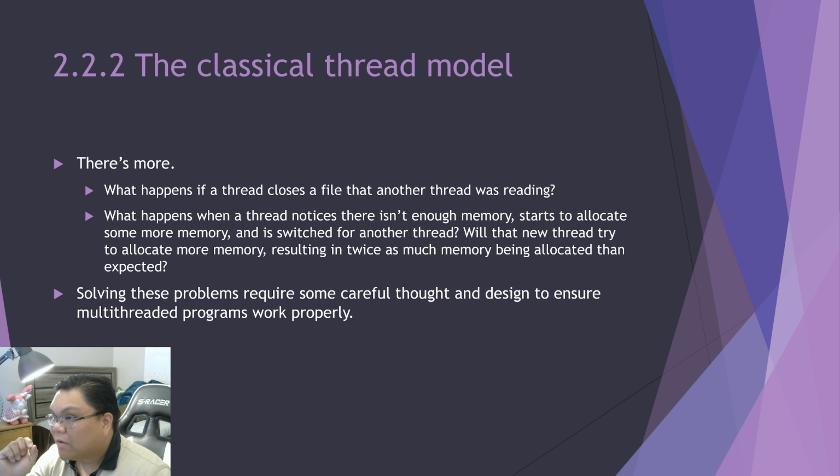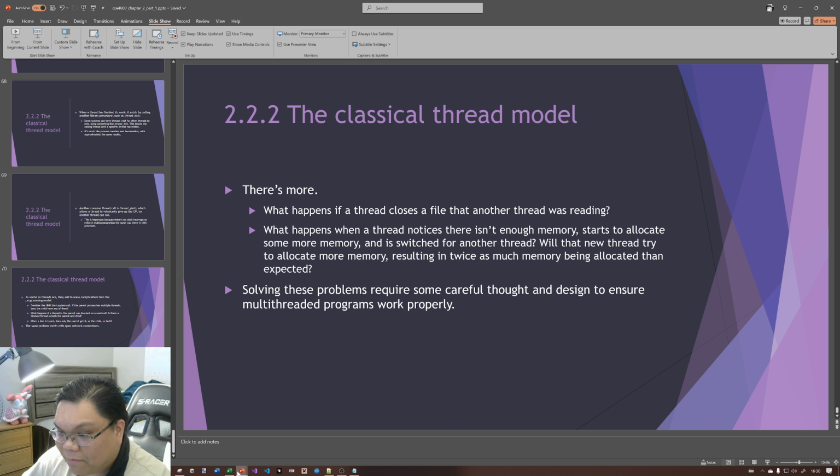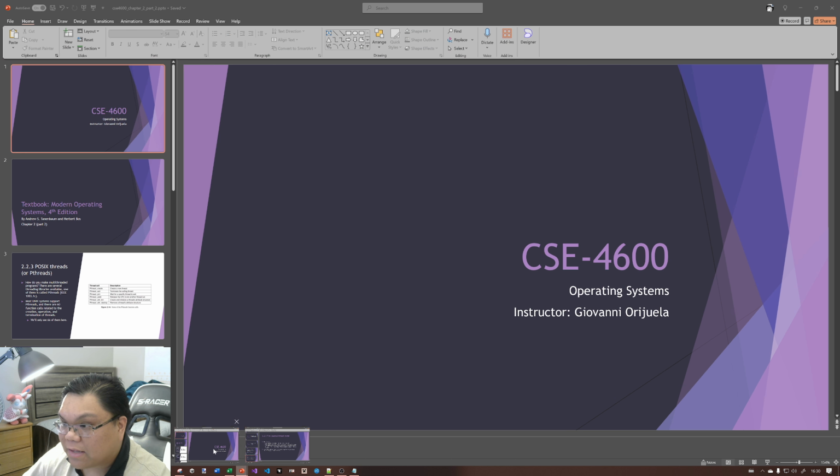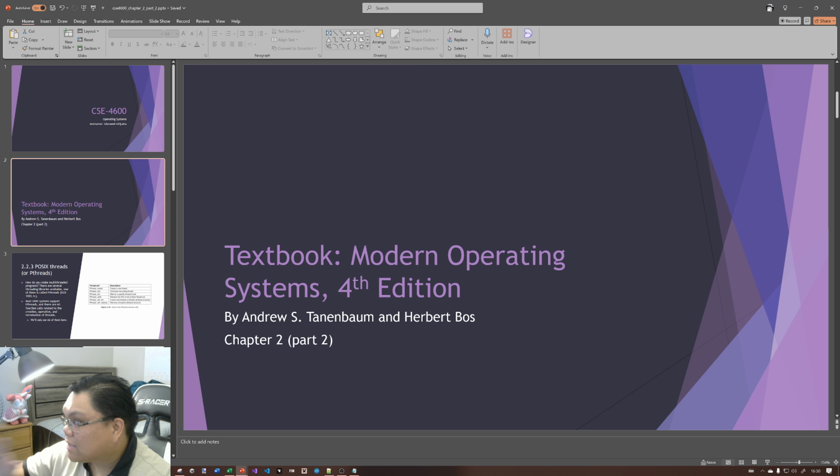But for now, the next set of slides is going to be about the POSIX thread library, which is part 2 of chapter 2. I have a preview of what those slides are like.